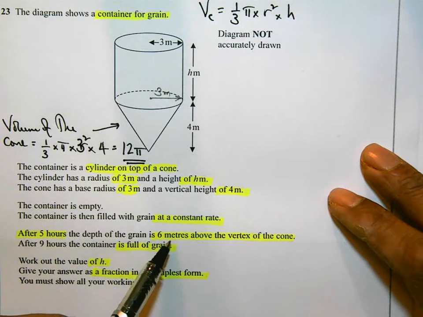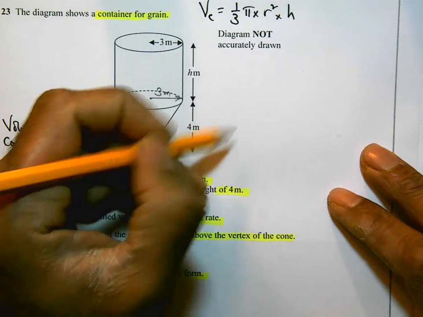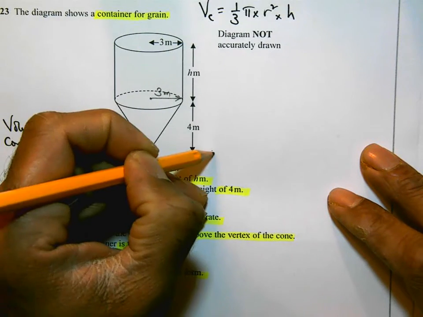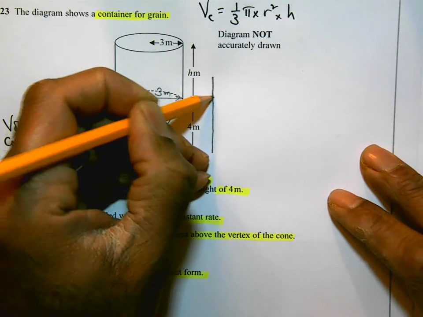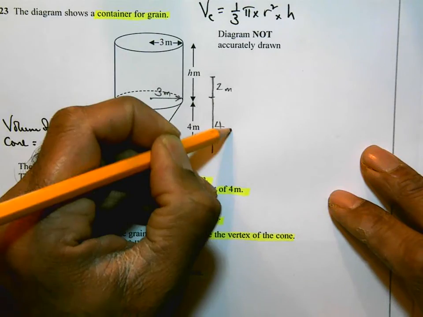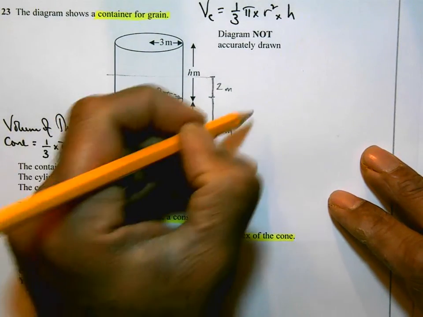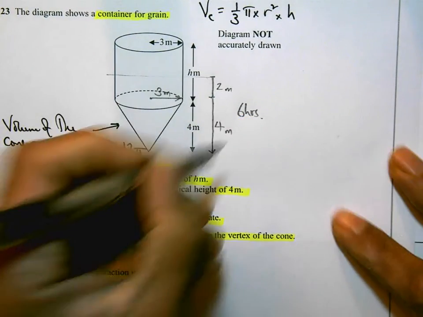If we read through the question, it says, after 5 hours, the depth of the grain is 6 meters above the vertex. So 6 meters above the vertex is going to be from here. This is the vertex. 6 meters above it is 4 plus a further 2. That's how far the grain got up to.